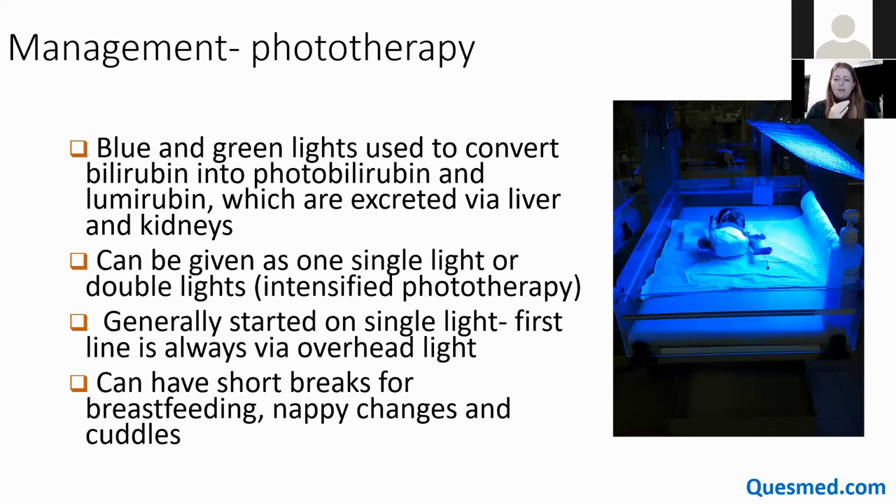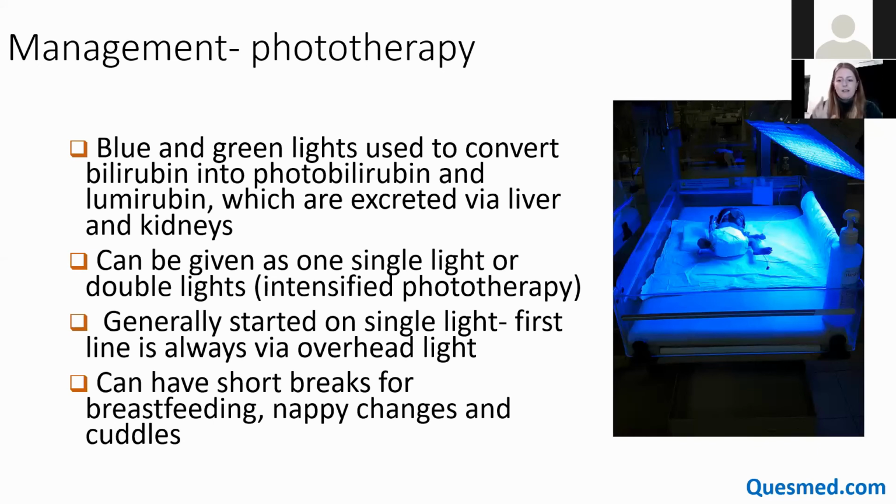However, that reaction is reversible and photobilirubin is quite slow to be excreted, which is why when you take the lights off, you can get something called rebound jaundice, because some of that photobilirubin will get pushed back into becoming bilirubin and reverse back along that pathway. So that's why you need to be wary of rebound jaundice.